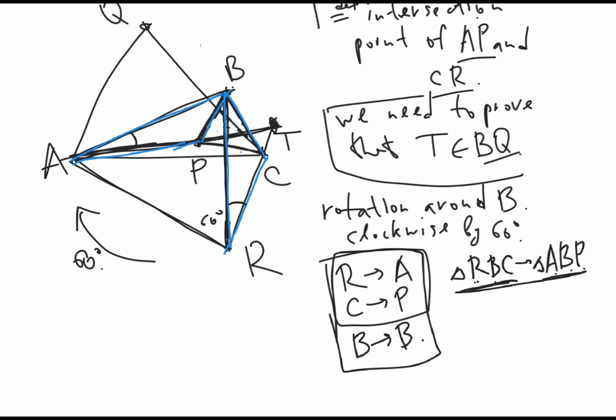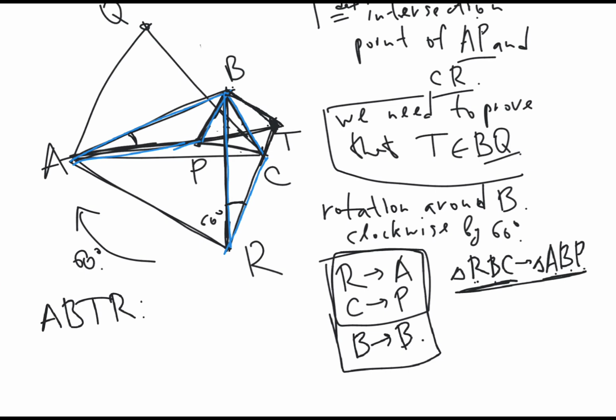So now, because these two angles are equal, we consider the quadrilateral ABTR, and in this quadrilateral we have these two equal angles, and this immediately implies that this quadrilateral is cyclic.